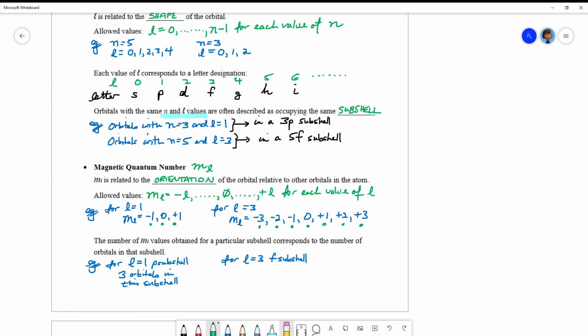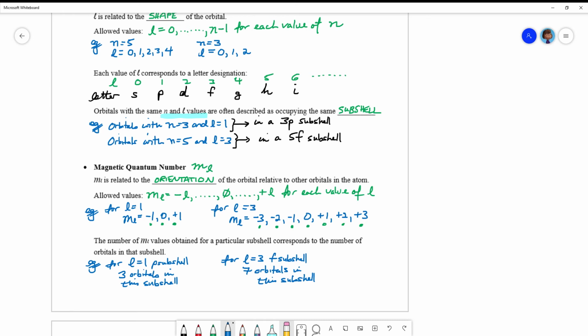If we count them, that's 1, 2, 3, 4, 5, 6, 7 values. And as it turns out, this means that there are 7 orbitals in an F subshell. So the number of m sub L values happens to correspond to the number of orbitals in that subshell.